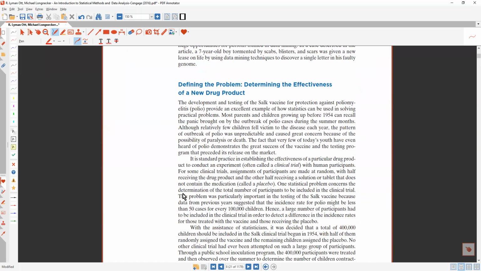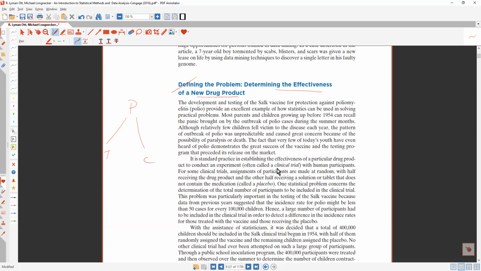We don't need a better example than the COVID-19 pandemic again: new drug products. We talked about the vaccine. They're also looking for treatments for COVID-19. Statistics can be used to determine the effectiveness of those, and that goes back to the idea of taking people and putting them into a treatment or control group and doing those experiments to see if the medication or the drug works.